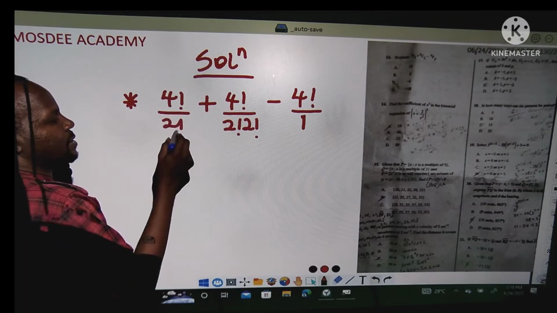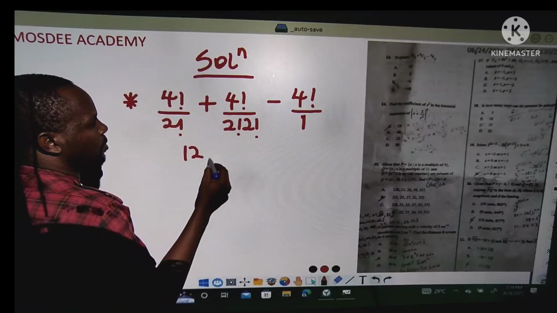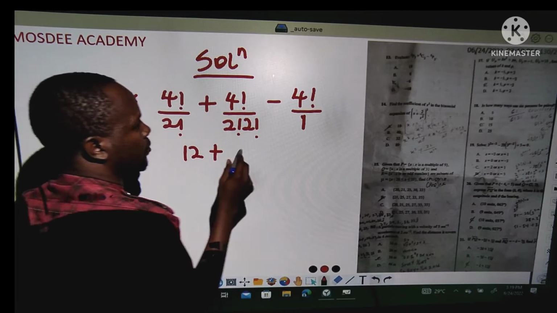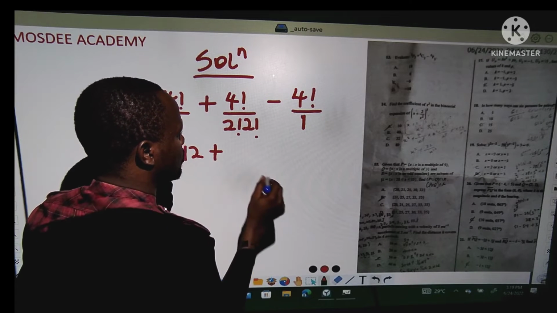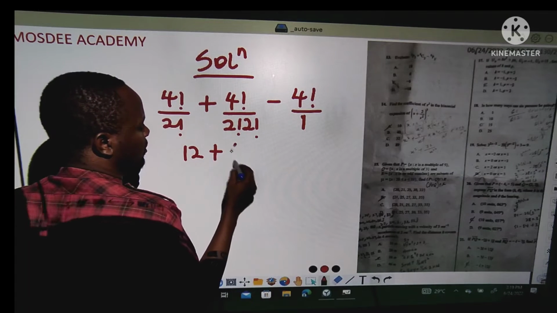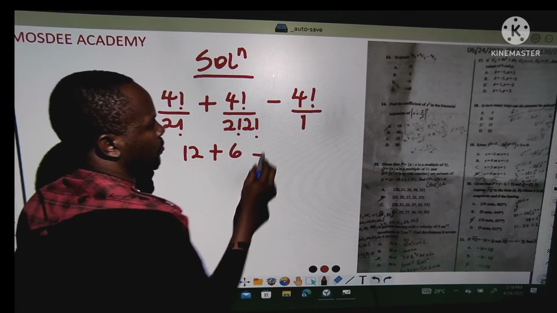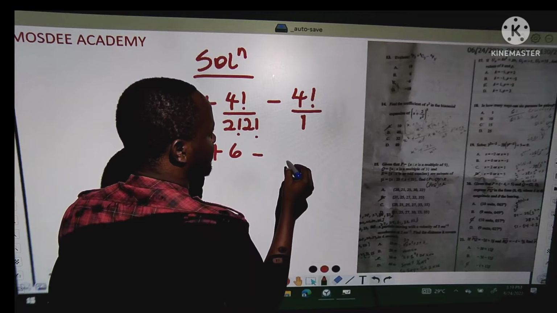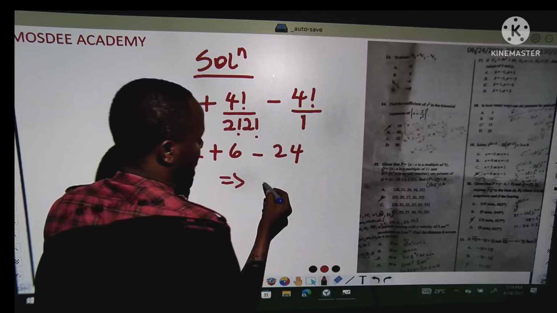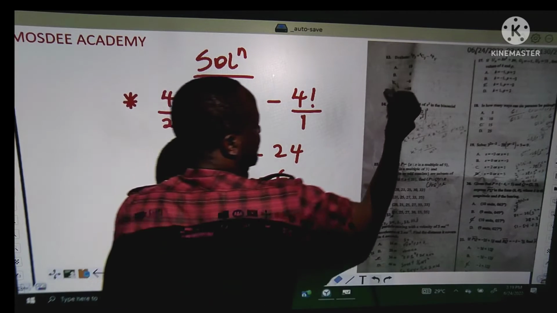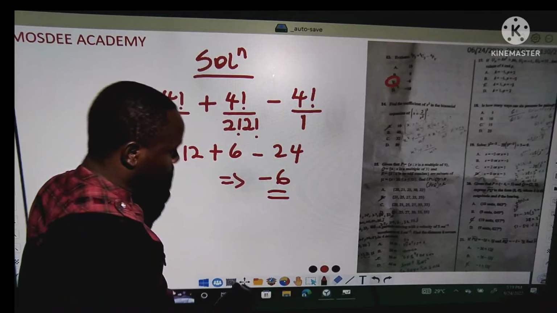So 4 times 3 is 12, plus 4 times 3 over 2 times 1, which is 12 over 2, that is 6, minus 4 factorial, which is 24. So 18 minus 24 is negative 6, and I think that is also correct. I hope you get that.